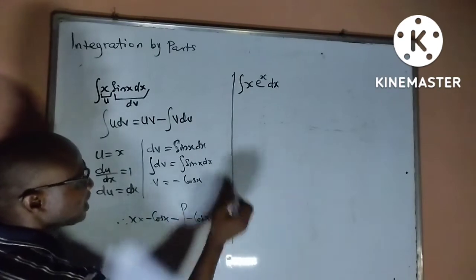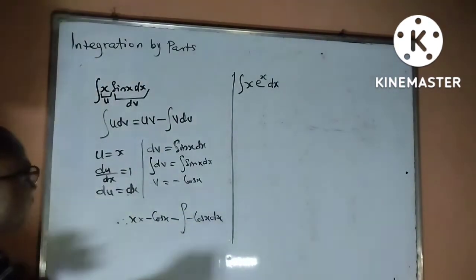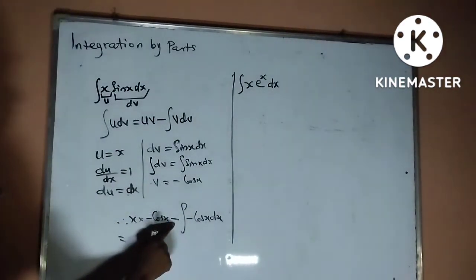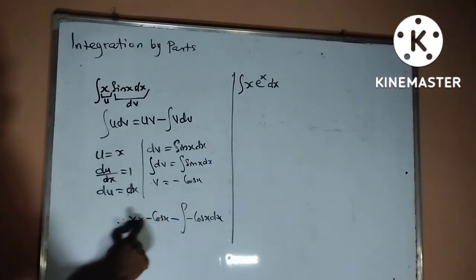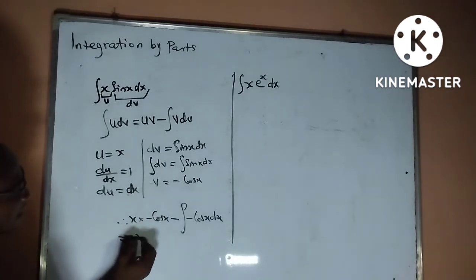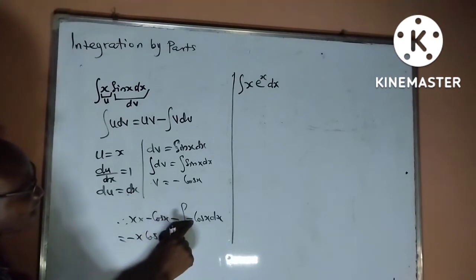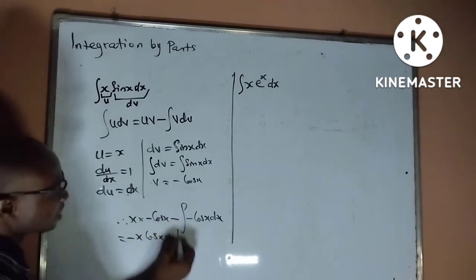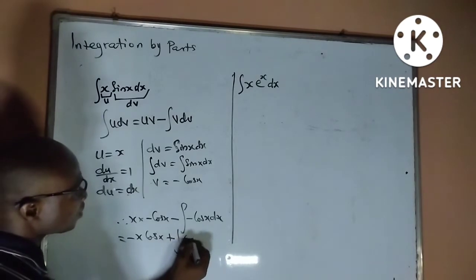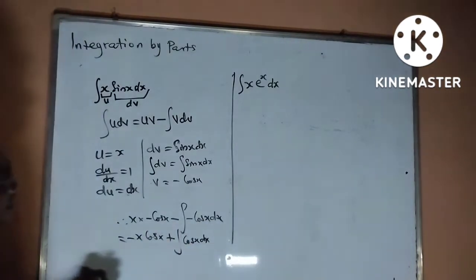minus, in the formula, the integral of v, which is minus cos x, then du here is equal to dx. Therefore, multiplying minus cos x with x, I will get minus x cos x. Then minus times minus here will give me plus the integral of cos x dx.